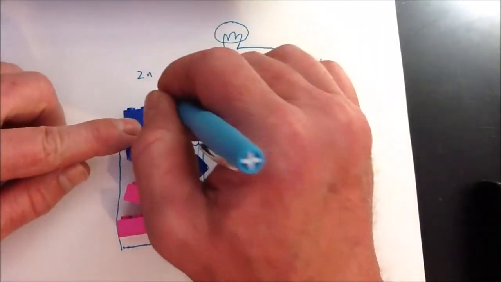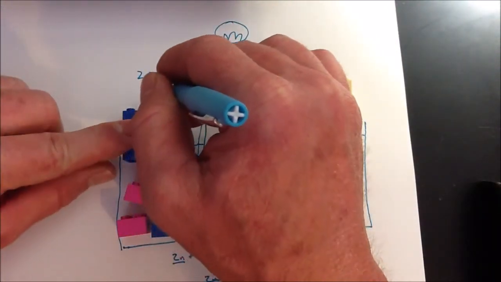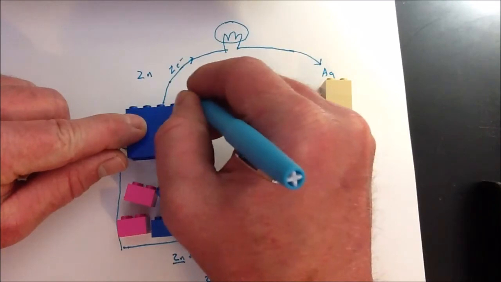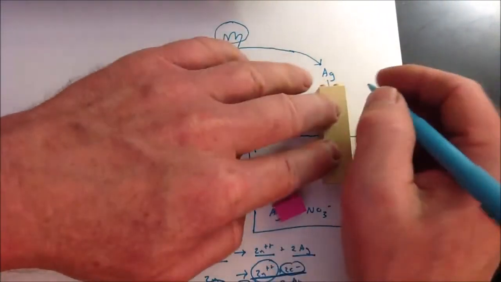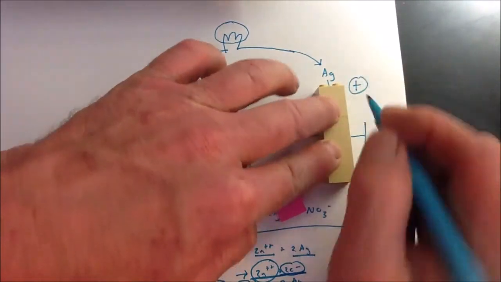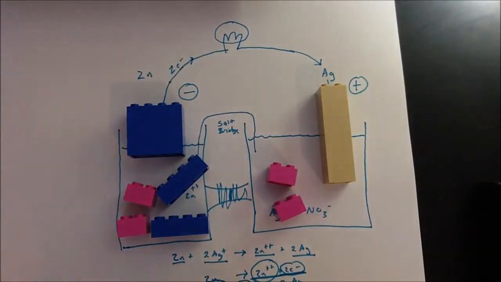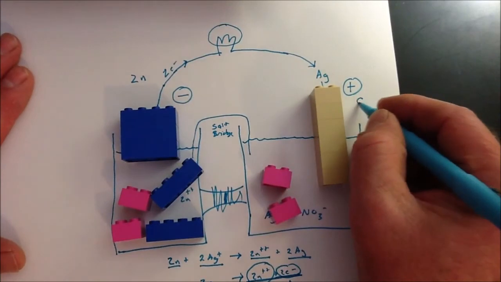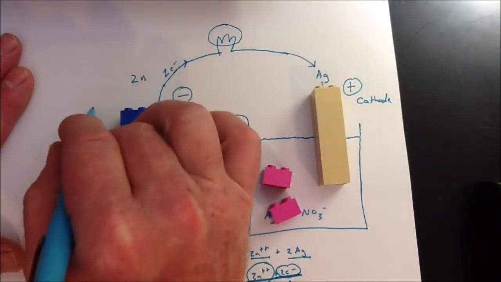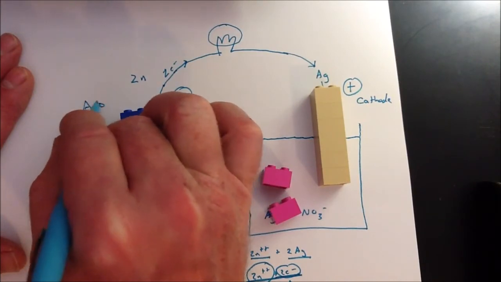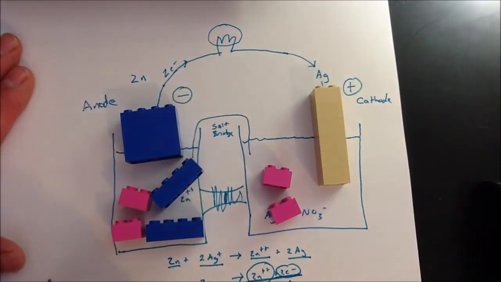And this one here that is the zinc, in this case, that's producing the electrons, we would label that with a negative because it's producing those negatives, and they're going to flow toward this side, which is a positive. So if you look on a battery, you're going to see positive and negative. As a matter of fact, this is called a cathode, and this electrode over here is called an anode.